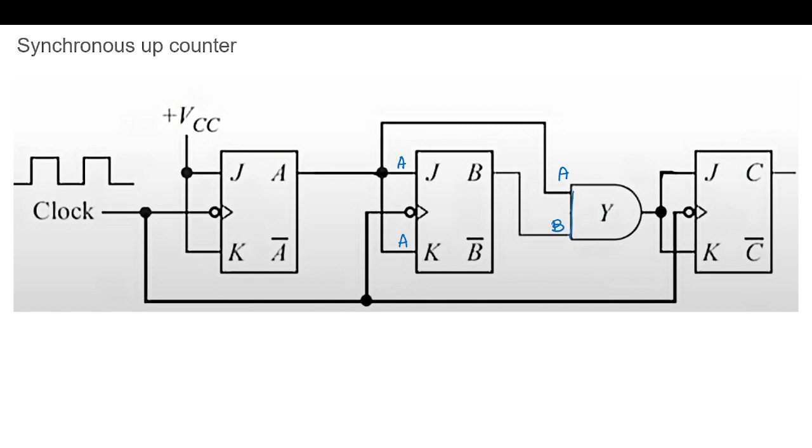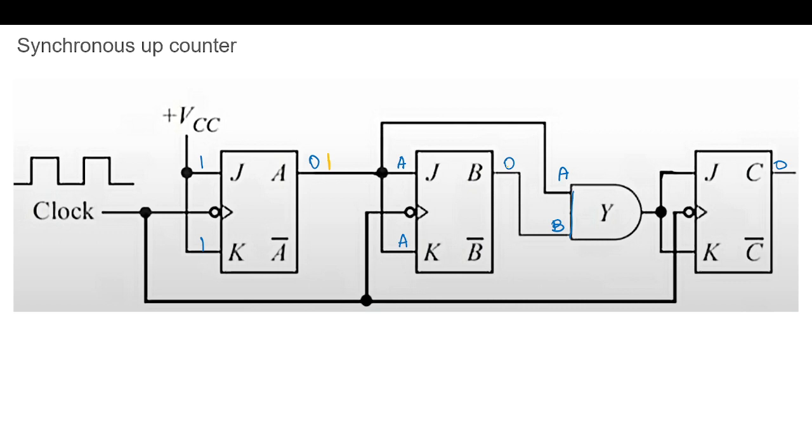So if you see for the first count, let the initial state of the flip-flop be 000. The next count value it will toggle. So A and B are 1 1, so it is 1 1.